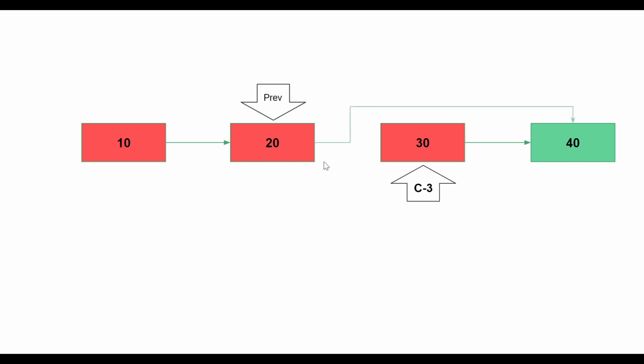Let's do that. Now you can see previous next is pointing to wherever current next is pointing. Current is this one and current next is this one. Now we have a direct reference from 20 to 40, and we can remove the reference between 30 and 40. Now node 30 is no longer pointing to 40, it is pointing to null. So it is completely removed from this list.